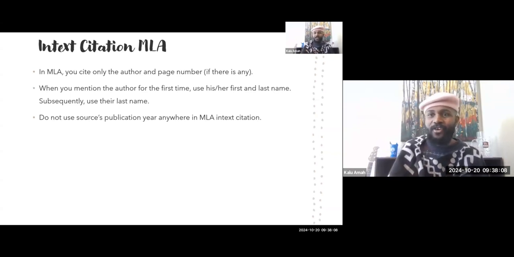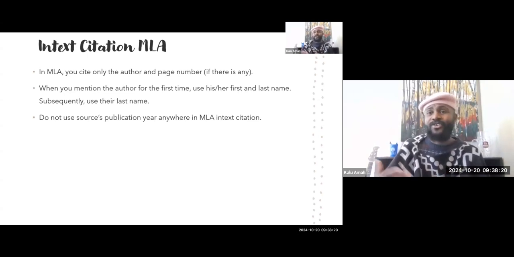From the name of the author, I could go to the works cited page and find that name and also see the year of publication. So there is no need of writing the year of publication in the in-text citation. What is it going to serve? What is it going to help me? I can always see the year of publication of the source at the works cited page. So there is no need of repeating it in the body of the essay or the article.